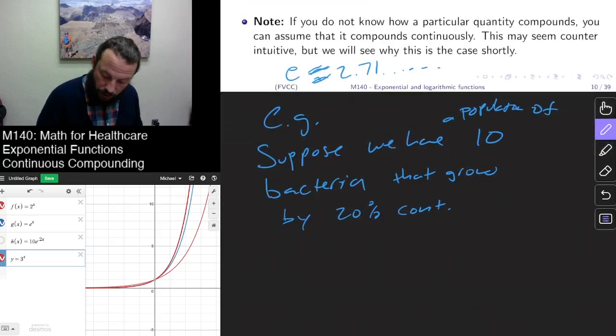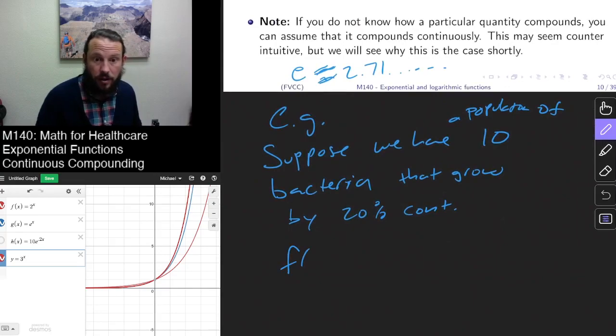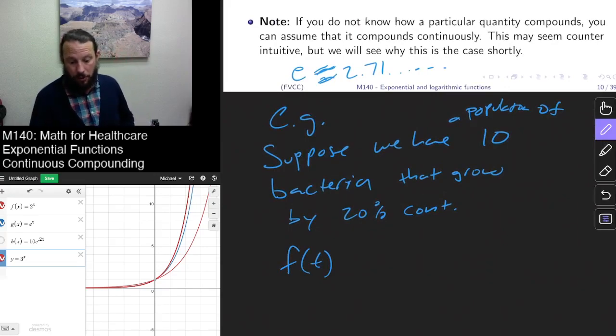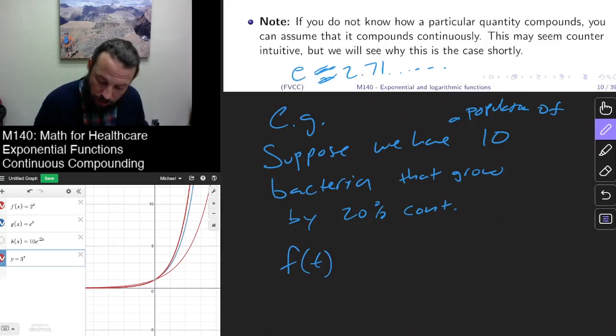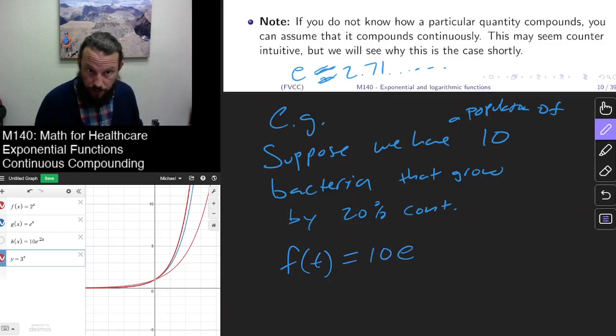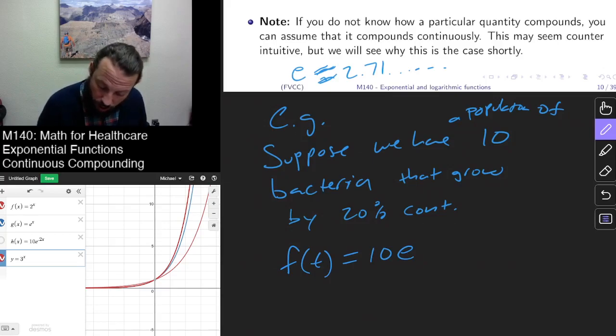What's our function here for the number of bacteria? Let's say t is in hours. We have the initial amount of 10, and then e raised to the r, which is 0.2 t.